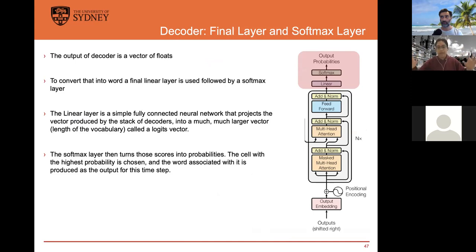So you have a number for every word, and you then pass it through a probability distribution, a softmax function, which gives you the probabilities. You select the word with the highest probability. This is what is done in this step.